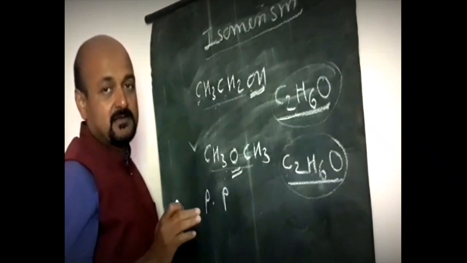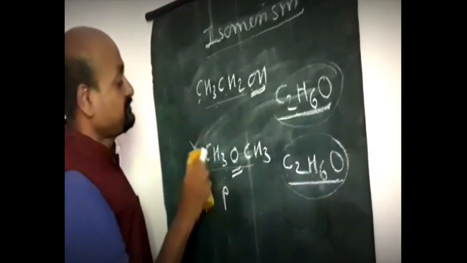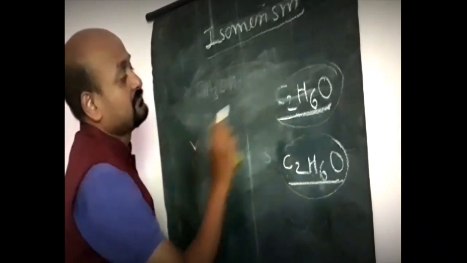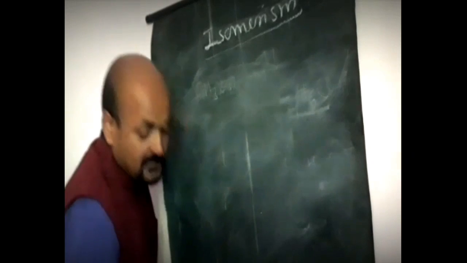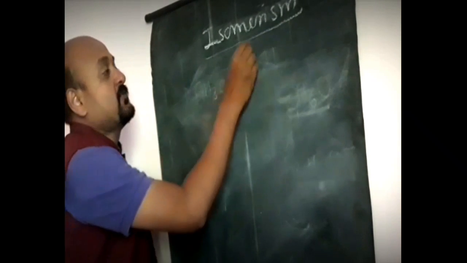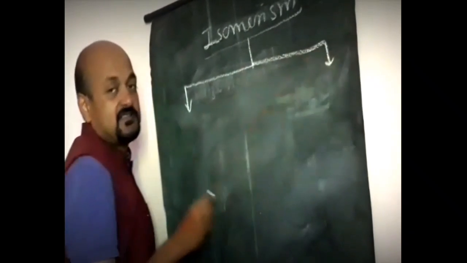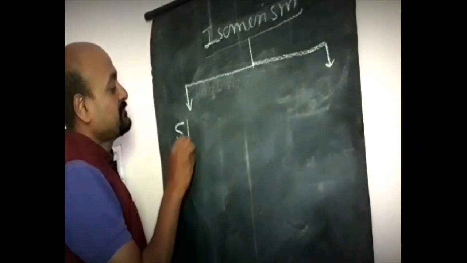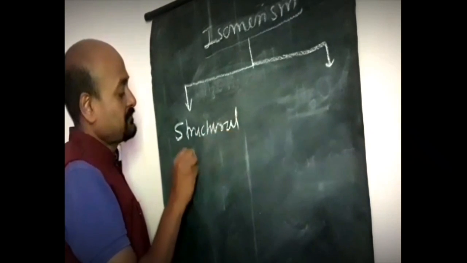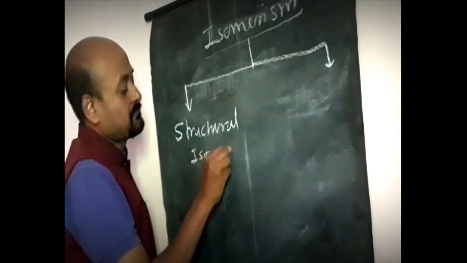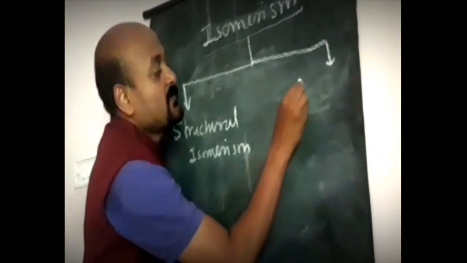Now let us discuss various types of isomerism. Isomerism is of two types. One is structural isomerism, and another is stereoisomerism.